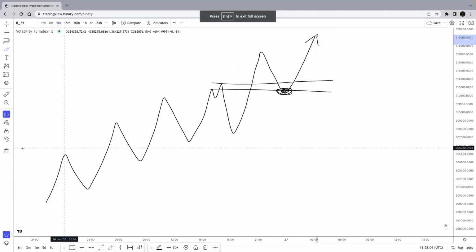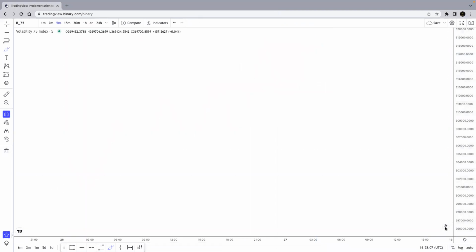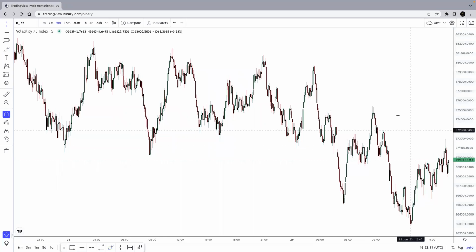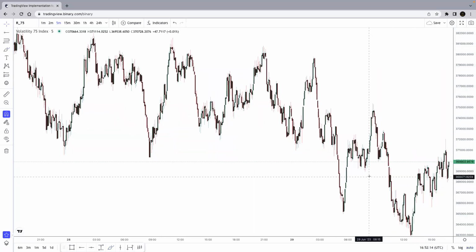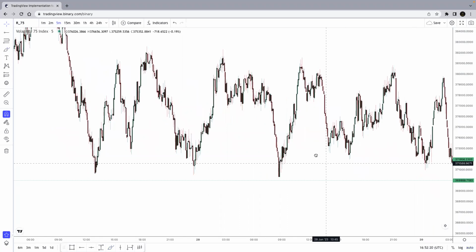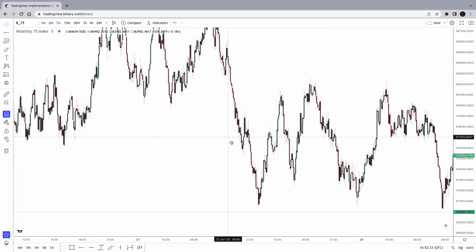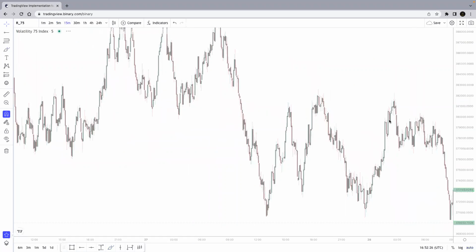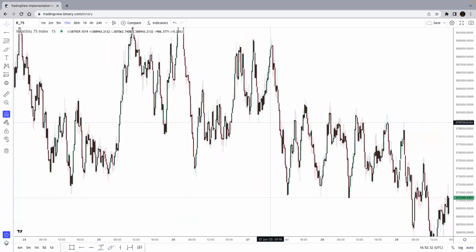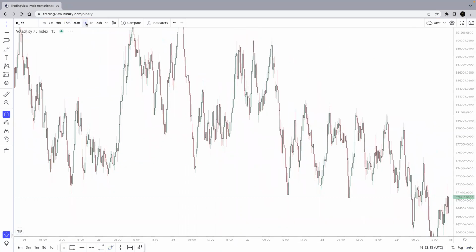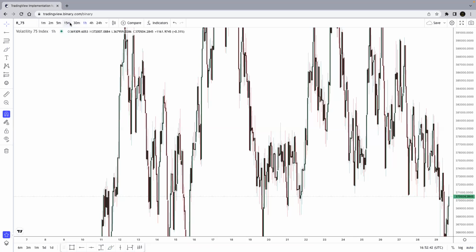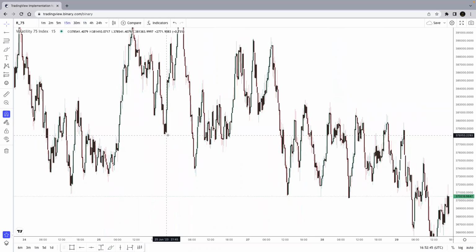Let's try to check out some live examples on the hidden invalidation. Right here, we have this example.